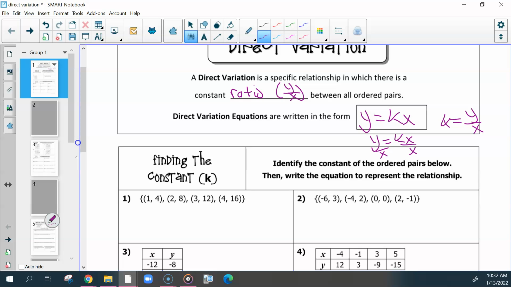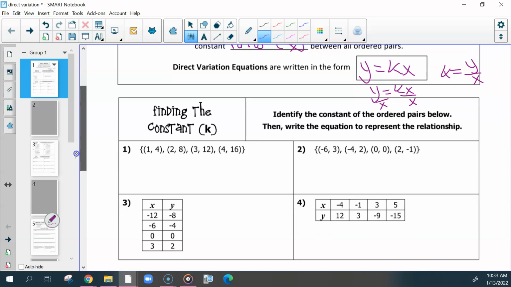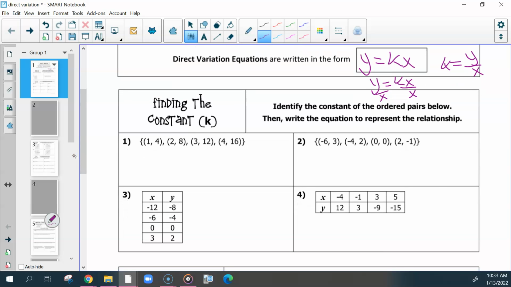You can think about that like a slope, because slope is y over x. In this, you'll be given different things: ordered pairs, tables, we'll talk about graphs here in a bit. But to find our constant k, we're going to use y over x and figure out what that number is.